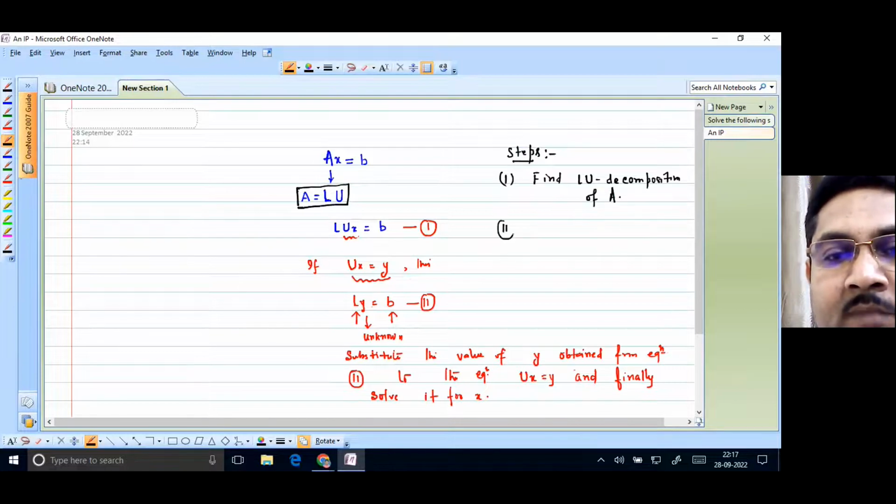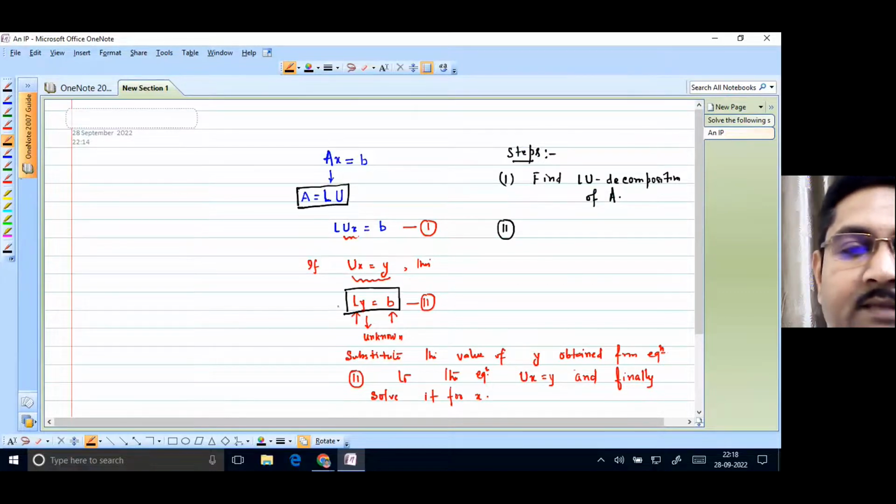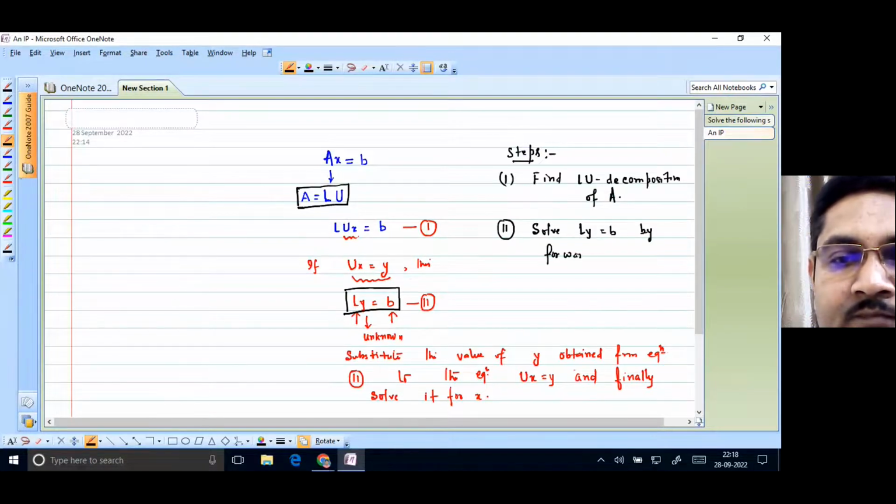Second, once this is there, I will solve the equation LY equal to B for Y, and this is done by forward substitution. So the second step is to solve LY equal to B by forward substitution.